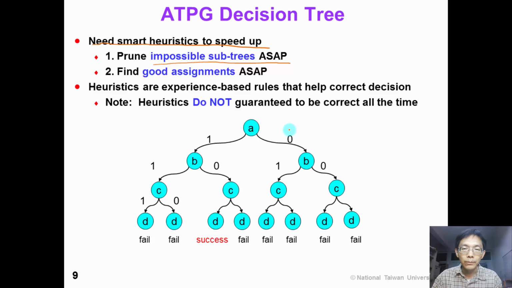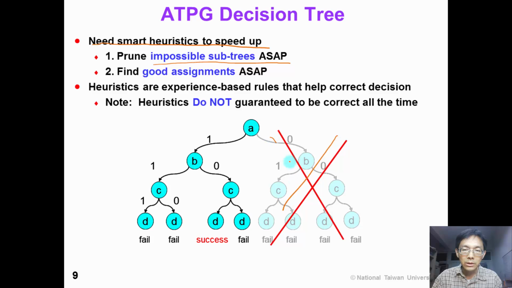For example, in this search tree, if we can know that the right hand side of the subtree is actually not possible, if we can prune it early, then we can save a lot of search time.